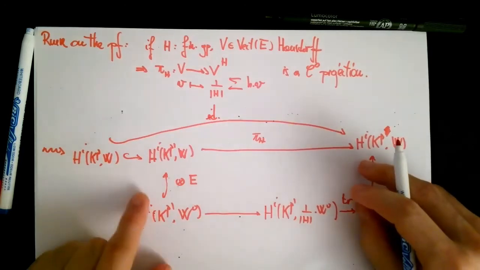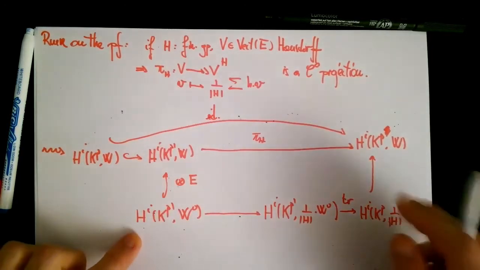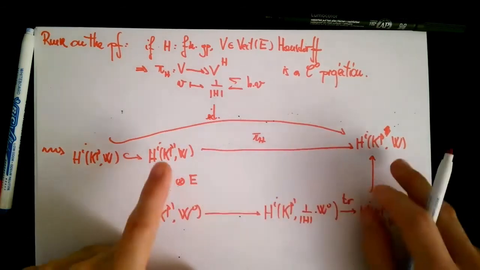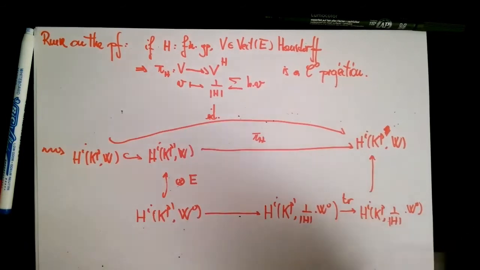And so what is the key point? The key point is that when I do the completed cohomology, these spaces are insensitive to the choice of lattice.